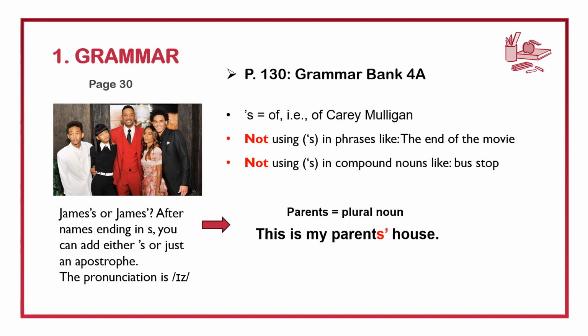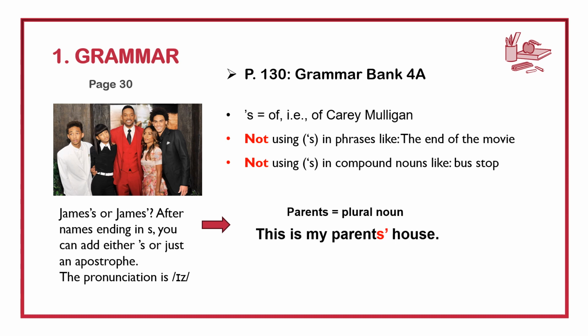Number 2, it's my parents' car. So again here we have the word parents, which already ends in S, but there is a difference between parents and James. James is a name, but parents is a plural noun.